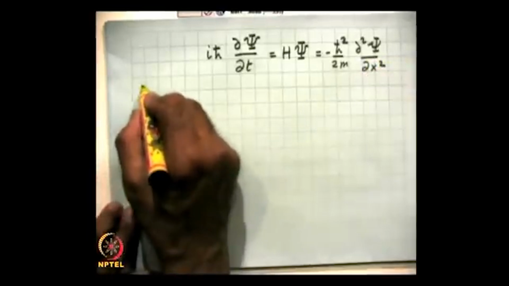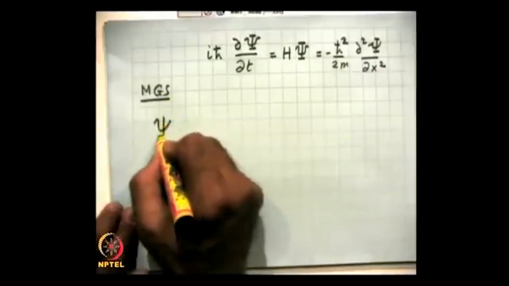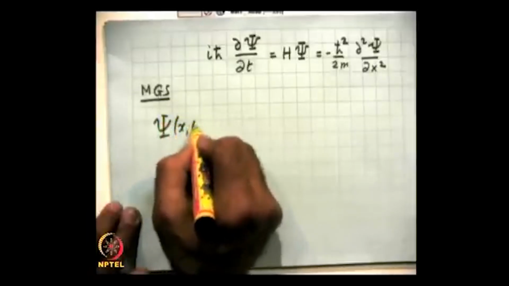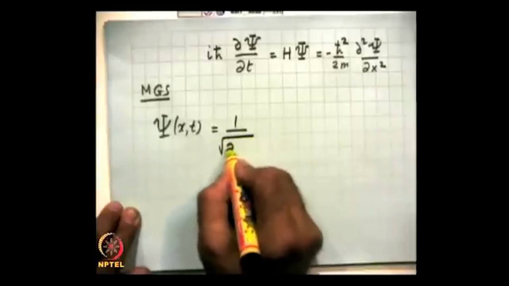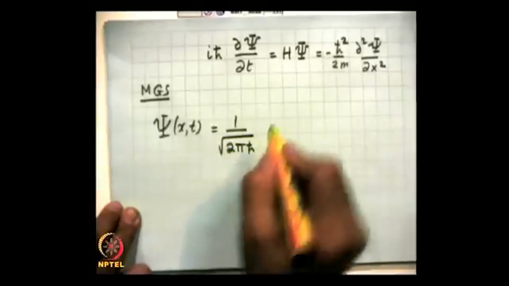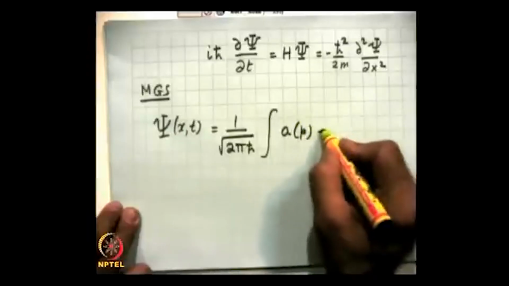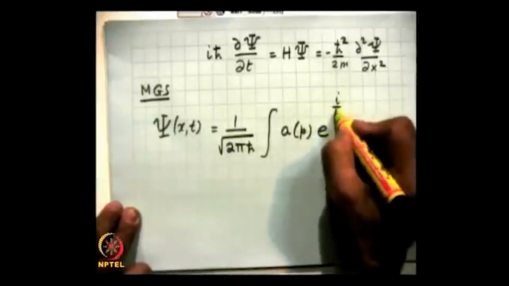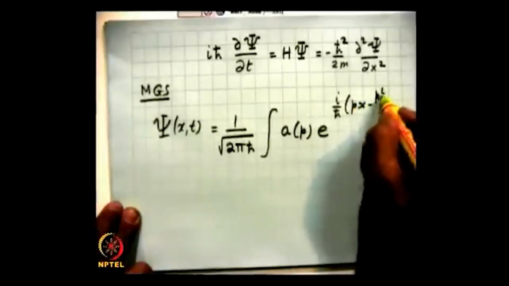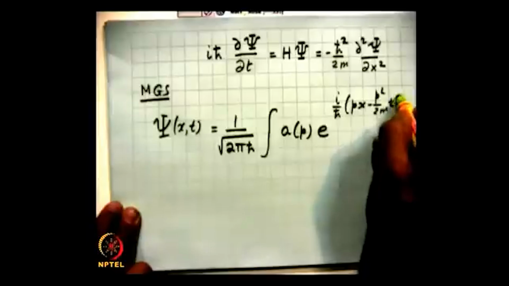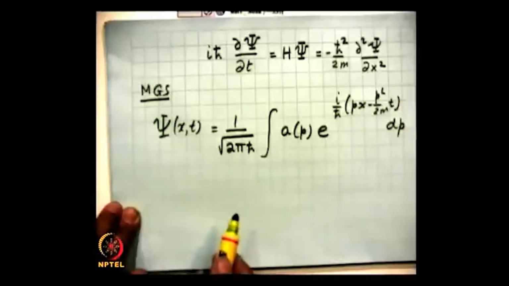The most general solution is psi of x comma t equal to 1 over square root of 2 pi h cross, which I write for the sake of convenience, times the integral of A of p e to the power of i by h cross (p x minus p square by 2m t) dp. So, this is the most general solution.